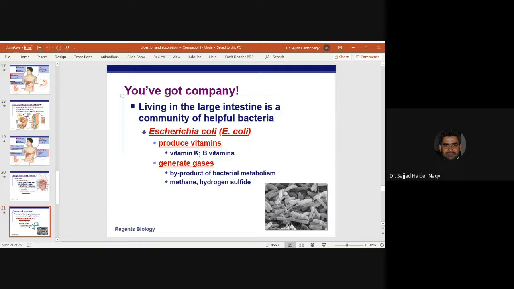You might have heard that when somebody is infected and we give antibiotics to treat that infection, sometimes the doctor recommends giving multivitamins with the antibiotics.